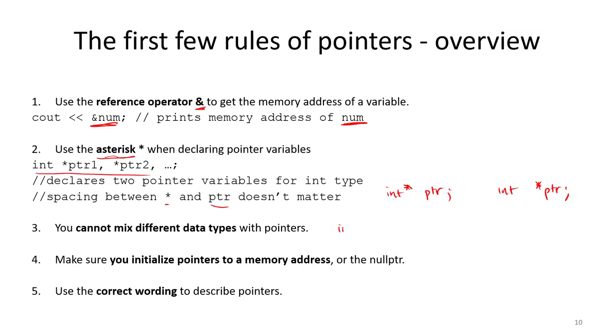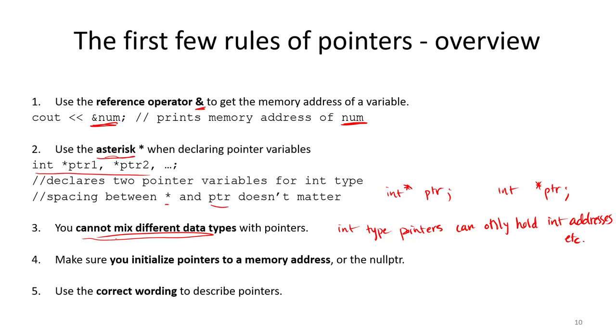So int type pointers can only hold int addresses, and double type pointers can only hold double type addresses, and so on. So you have to make sure you're careful when declaring your pointers. You don't want to mix different data types.